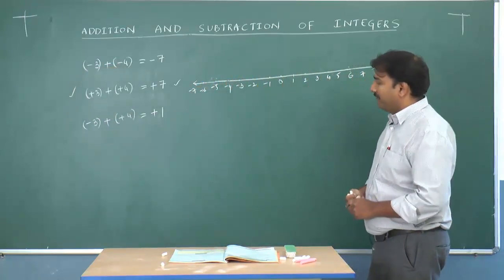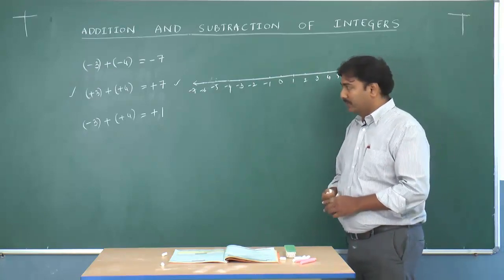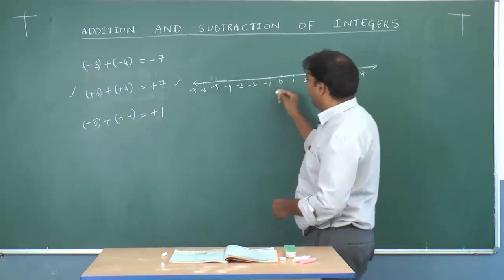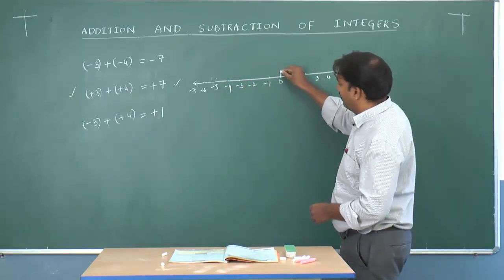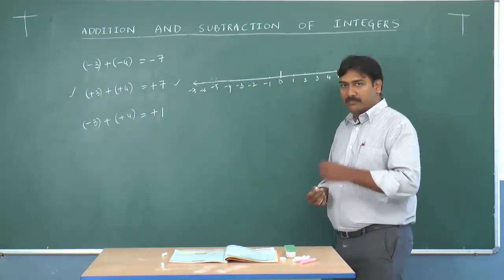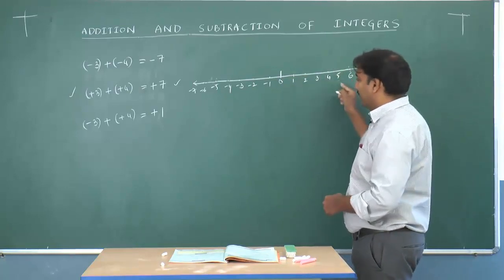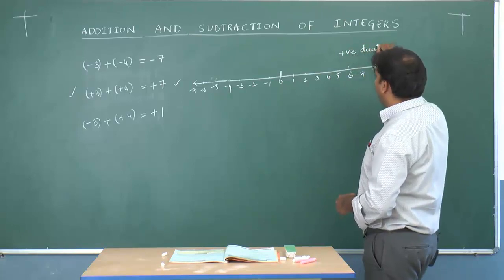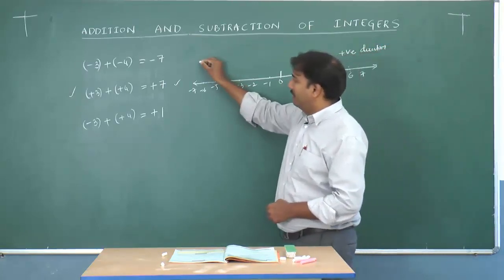Now let me go through rule number 1 on the number line. Whenever we want to add two positive integers, we always begin with 0, and we always consider the right side direction as the positive direction and the left side direction as the negative direction.